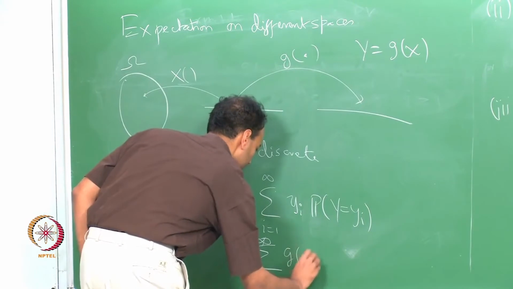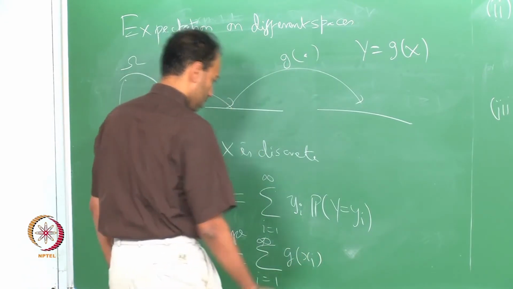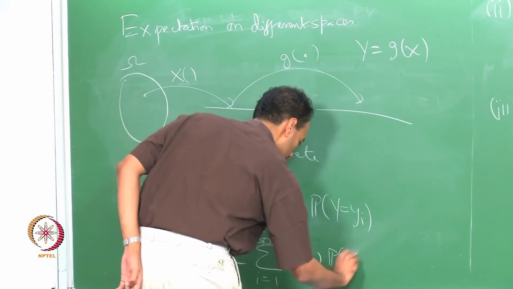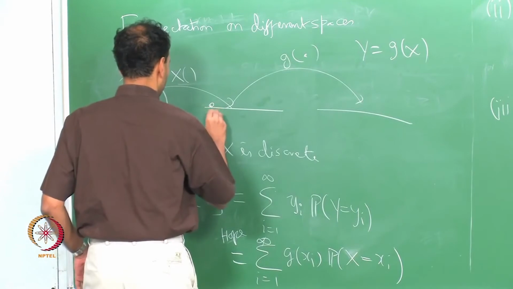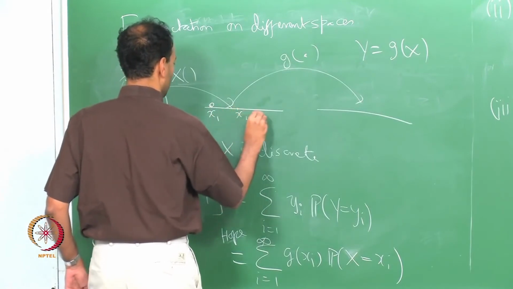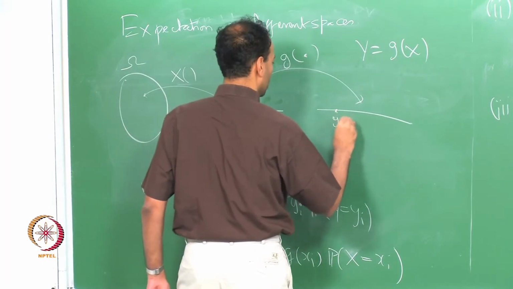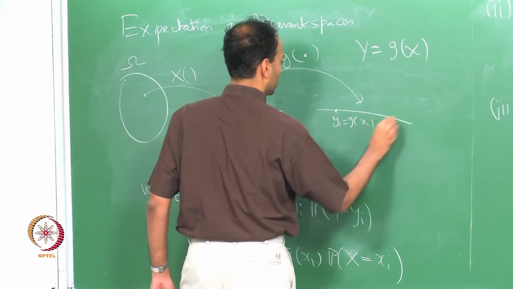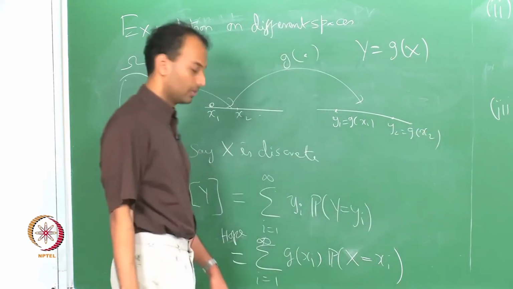So, the random variable takes values x1, x2 and so on here, and after the mapping it takes values y1 equals g of x1, y2 equals g of x2 and so on, okay.